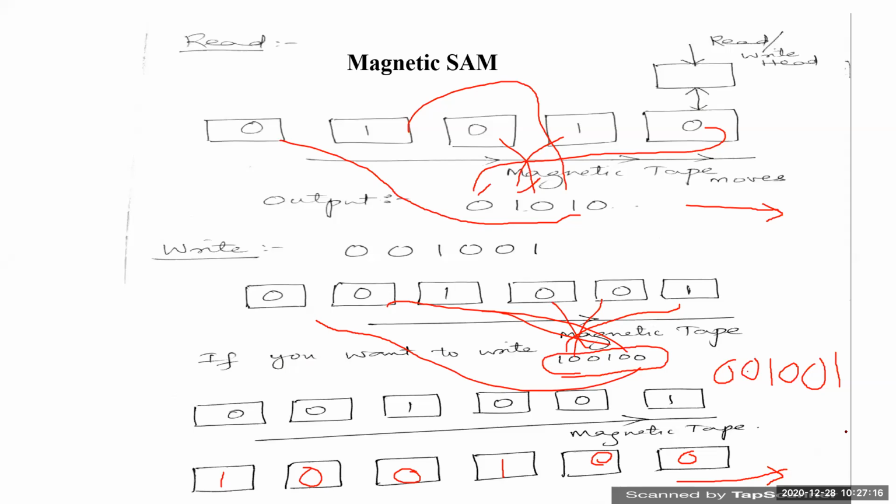Afterwards the subsequent bits will be stored in the subsequent cells as the tape moves from left to right. So this is regarding how the SAM will be working. So this is the concept about what is meant by SAM and how the SAM will be working. It's a serial access memory, or else it is also called a sequential access memory.